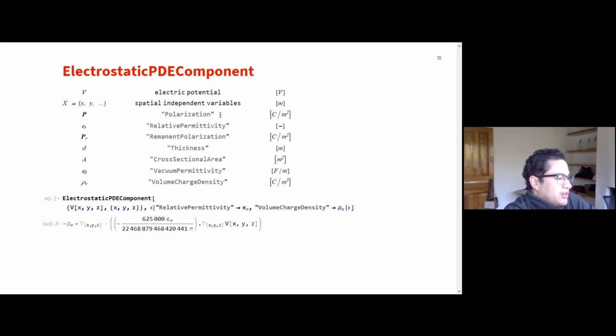We can deal with nonlinearities, such as a remanent polarization. And then we have other parameters like adding sources, which goes with volume charge densities, or we can add extra parameters like thickness or cross-sectional area when we want to apply symmetries in our model and scale the equation. So basically, this is a way one can generate the equation given the parameters that you want.